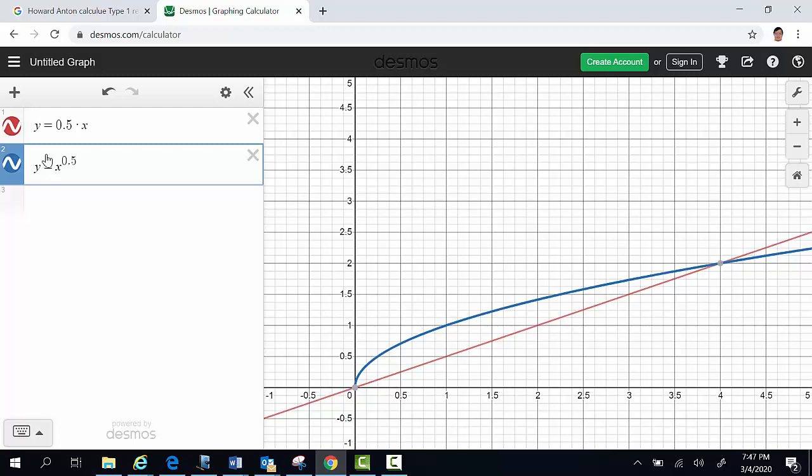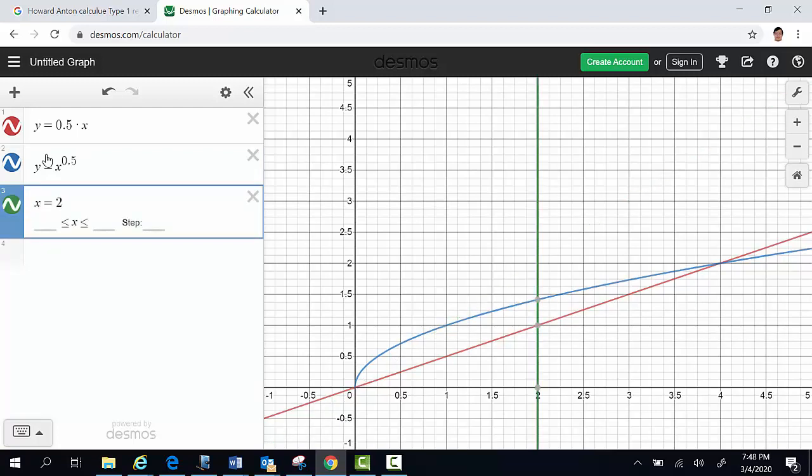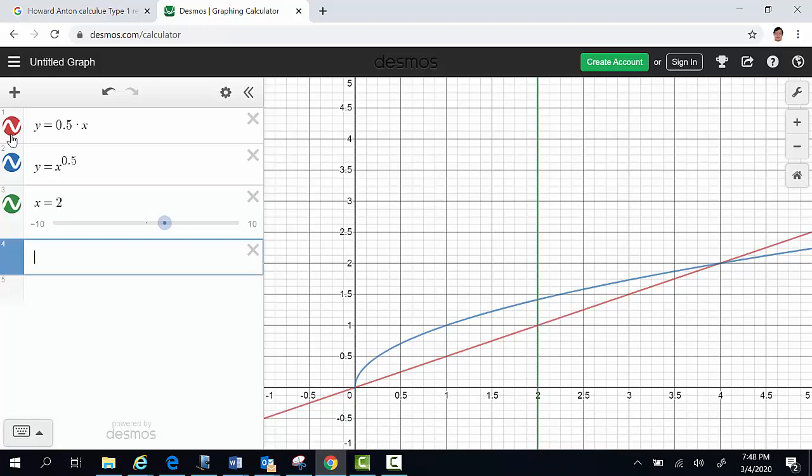Next, we're going to add a straight line, x equal to 2. So this is a vertical line. And next, we're going to add a straight line, x equal to 4.